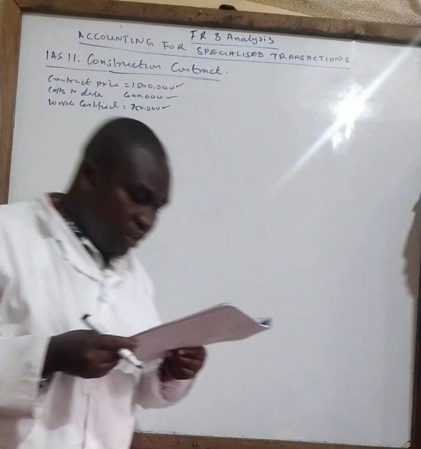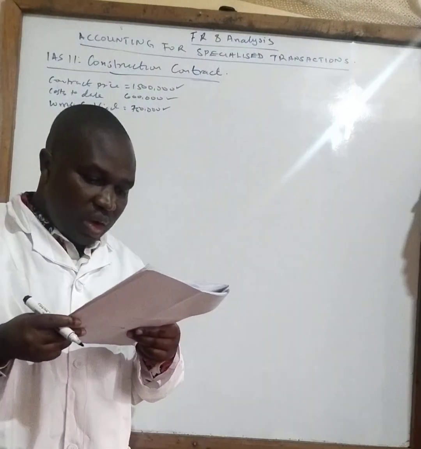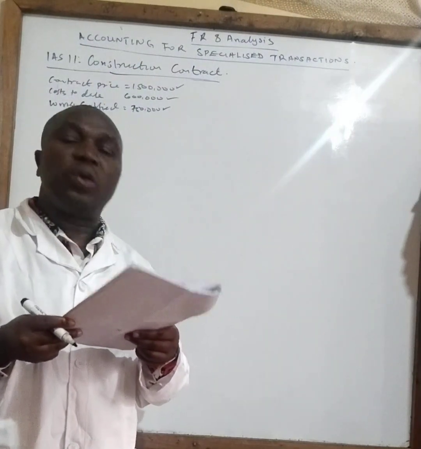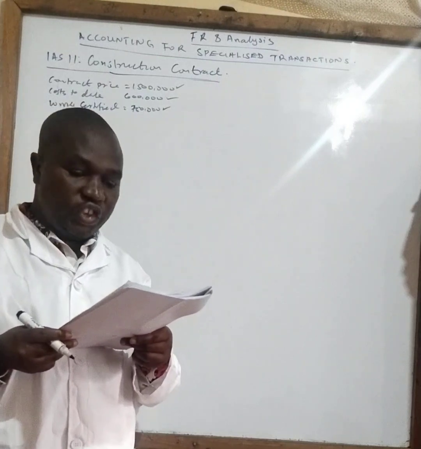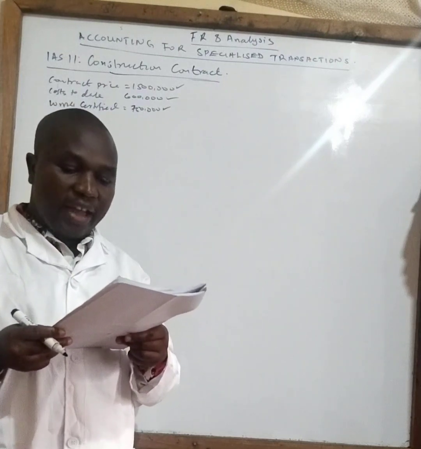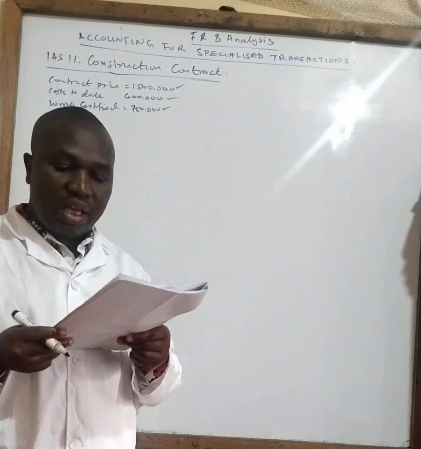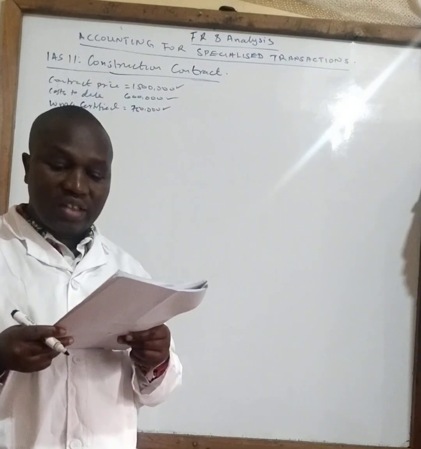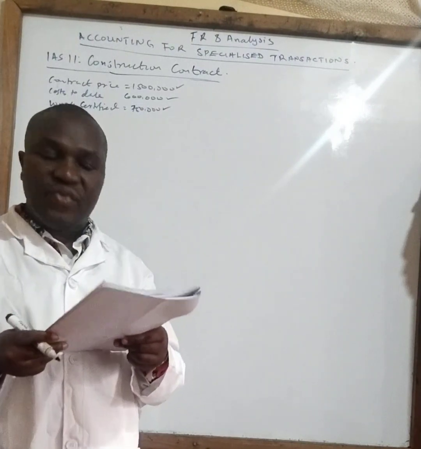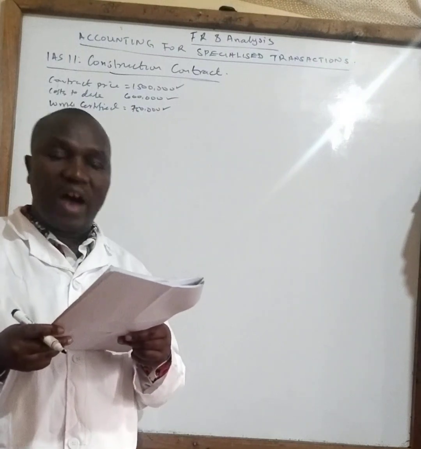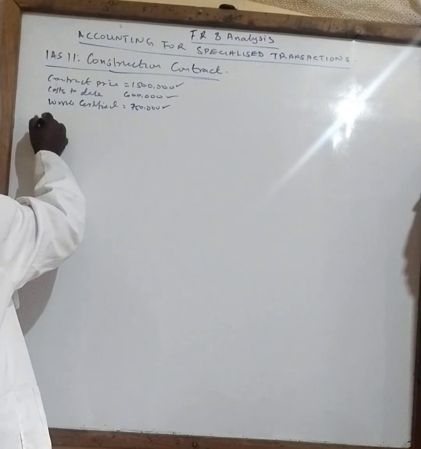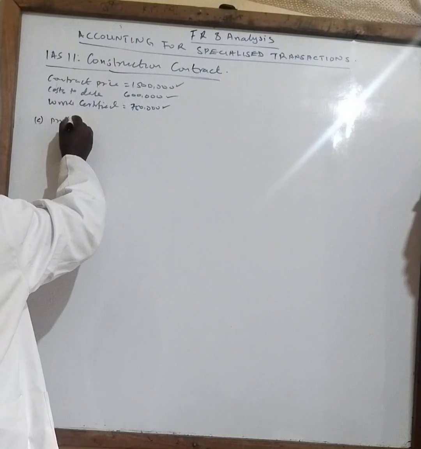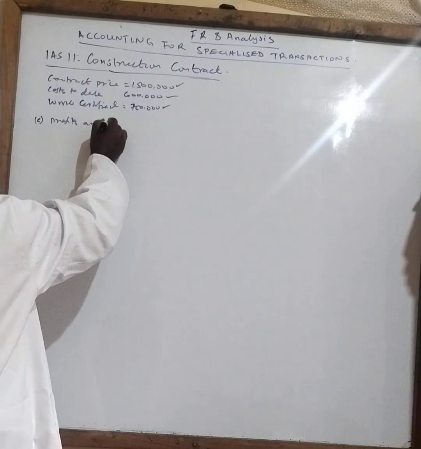Correct? Then you are required to find the contract profit. Contract profit for which year? 20x5. And what entries would be made for the contract at 31st December 20x5 if A, profits are deferred.